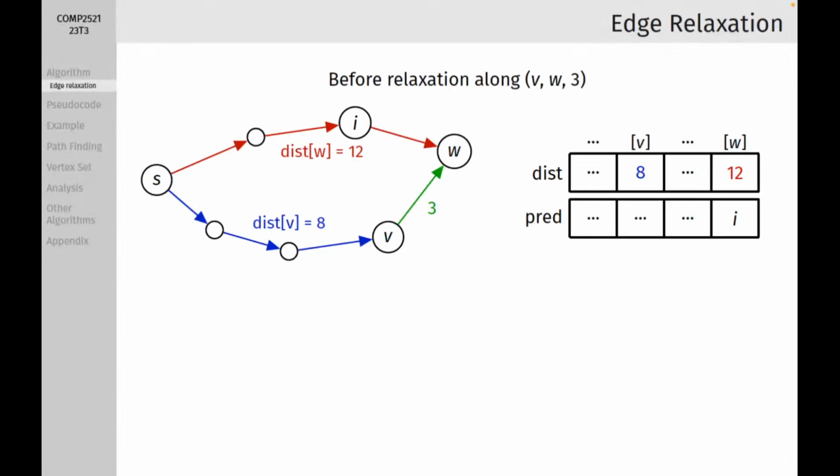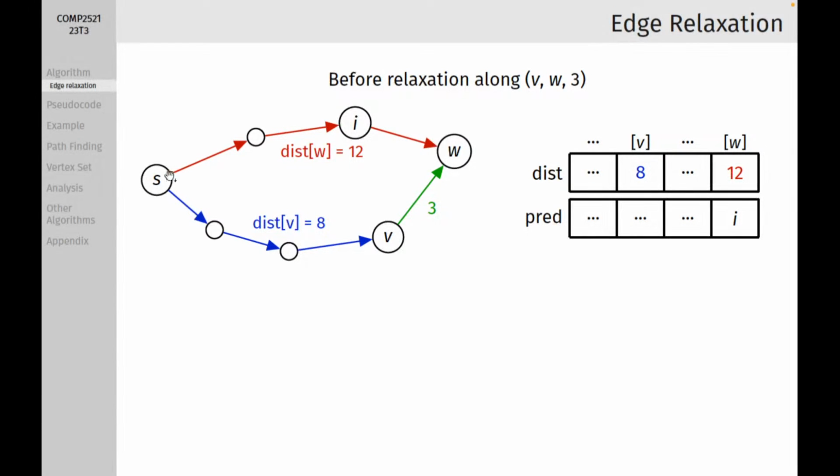Okay, so here's a more concrete example of edge relaxation. Suppose we're performing Dijkstra's algorithm on this graph, starting at S, and this is at some point during the algorithm, we have this information. We know that the shortest distance to V so far is 8.